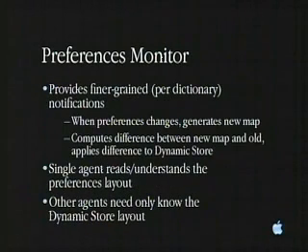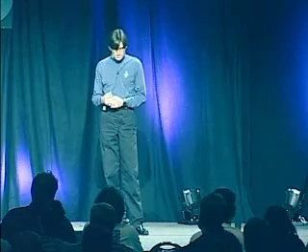So why do we do the mapping? The reason why we do the mapping is to provide finer grained, that is, per dictionary notifications. The other notifications that we would get without it would just be simply that the preferences had changed.